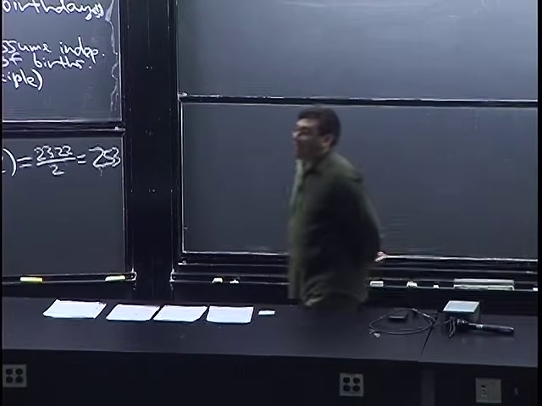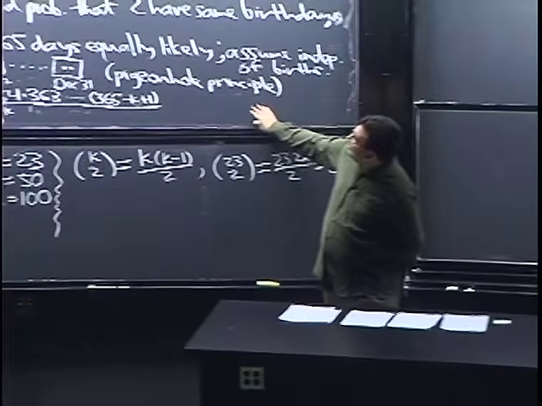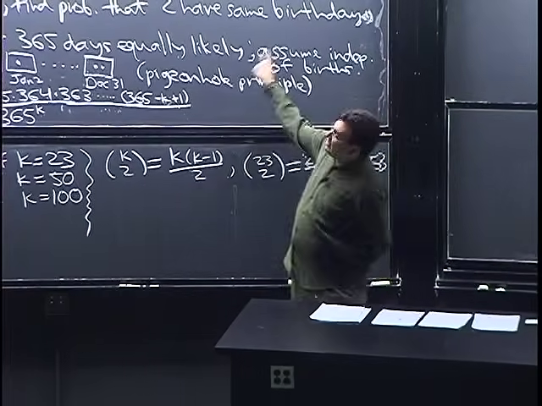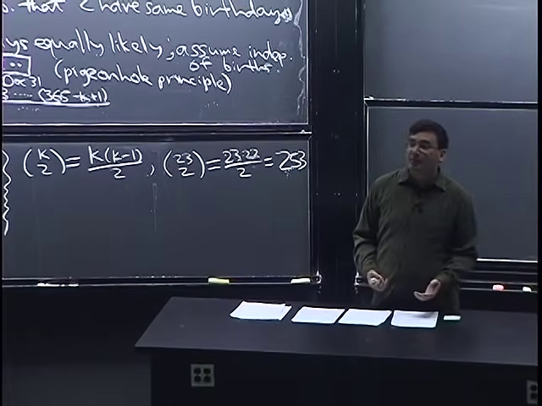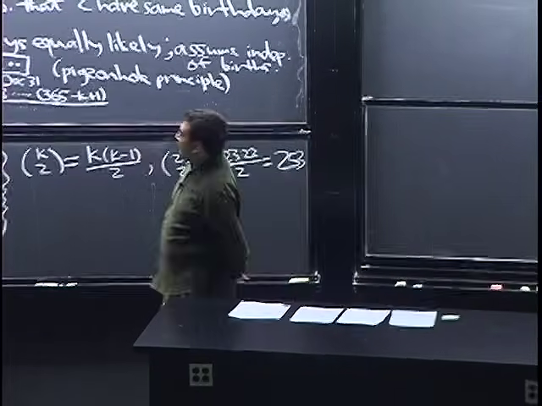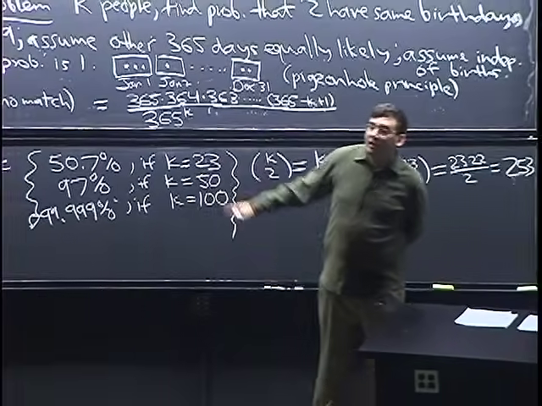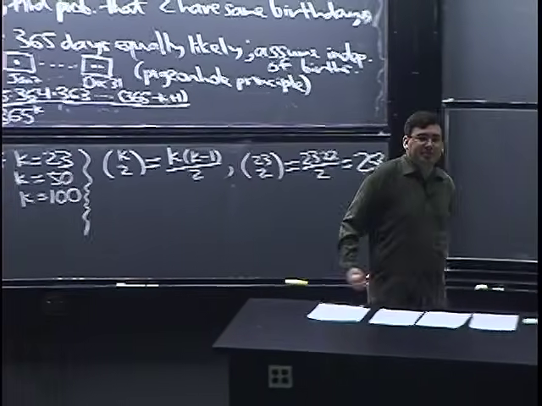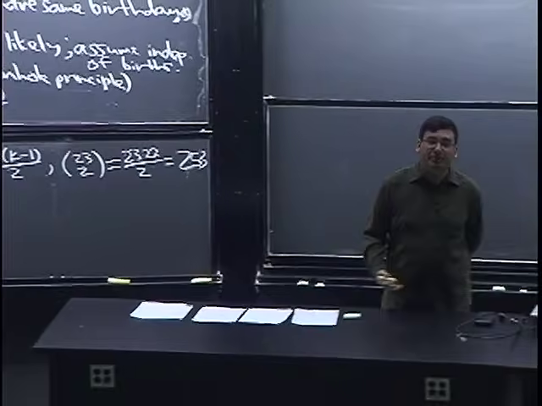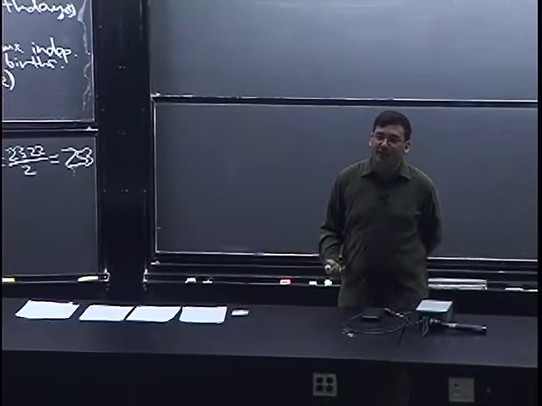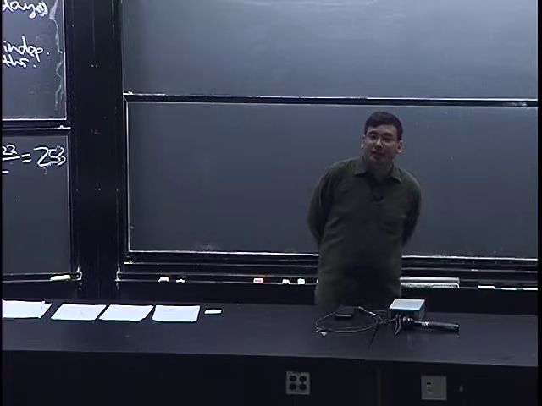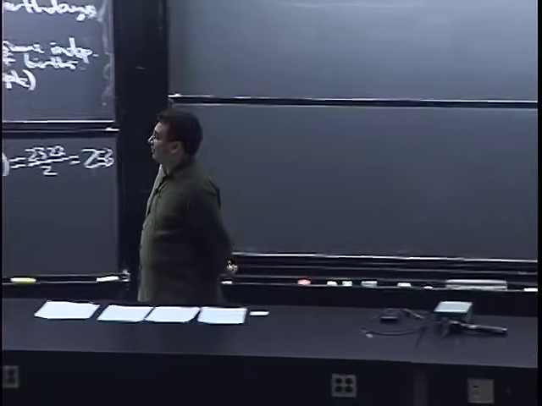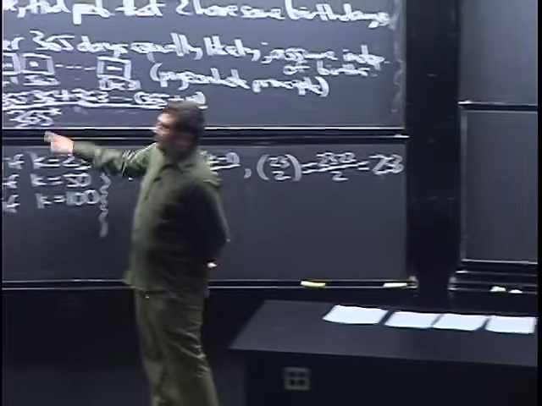So if we ask the same question, where instead of saying they have to have the same birthday, it's the same or off by 1, then the 23 reduces to 14. And that again surprises most people, I think. With 14 people, there's a better than 50-50 chance that 2 of them have the same birthday or just 1 day apart.